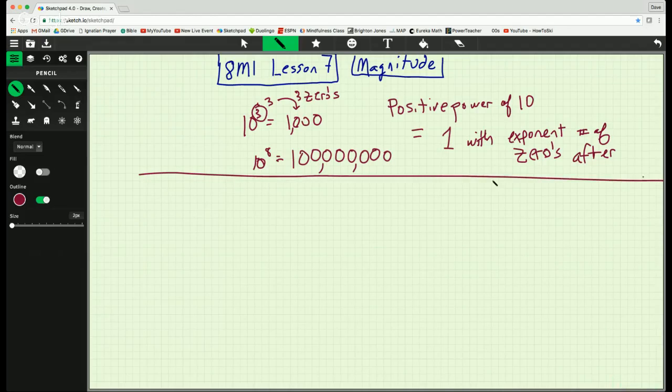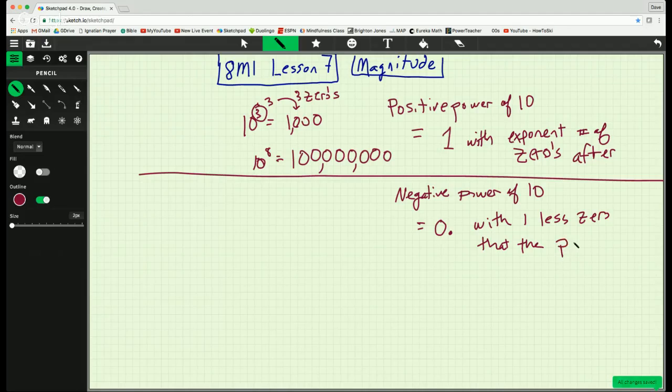A negative power of 10 equals 0 point, with 1 less zero than the power, followed by a 1.